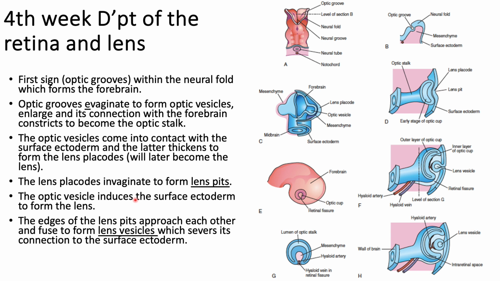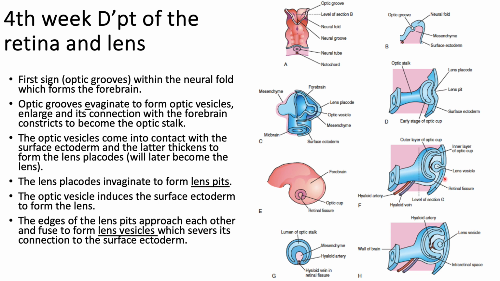The lens pit has a continuous growth, that is a continuous invagination, and as it continues to do that, the upper portions that are in close contact with the surface ectoderm come face to face, that is, they grow towards each other, just like the neural tube formation. During the formation of the brain, you have the neural tube also forming folds that grow towards each other.